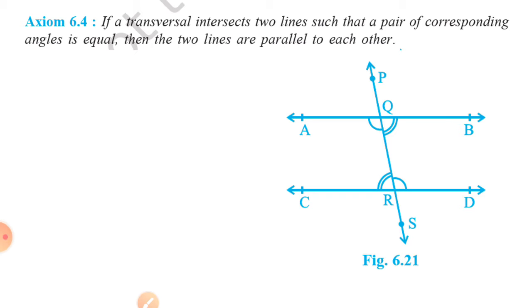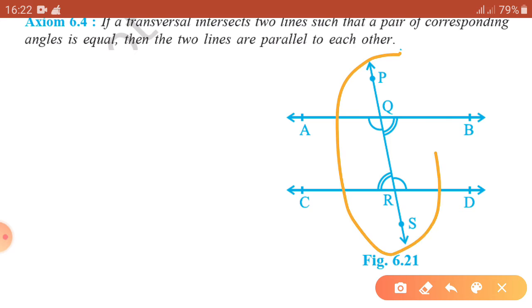Now, can we use the corresponding angles axiom to find the relationship between the alternate interior angles when a transversal intersects two parallel lines? Look at figure 6.21. Here transversal PS intersects parallel lines AB and CD at points Q and R respectively.